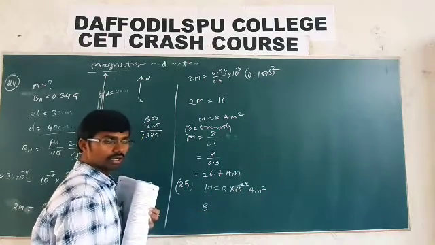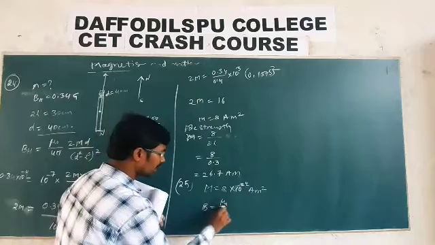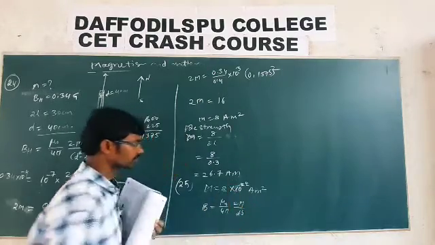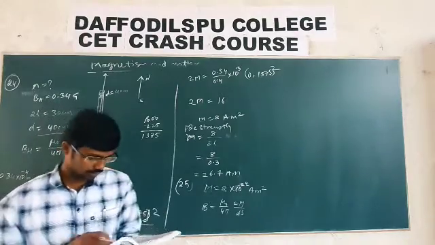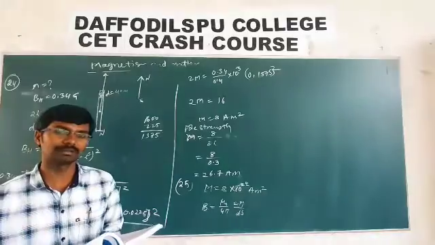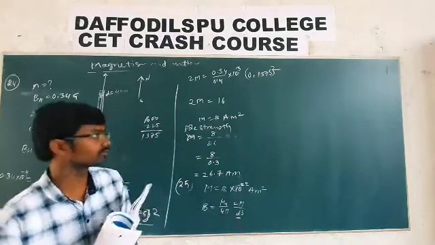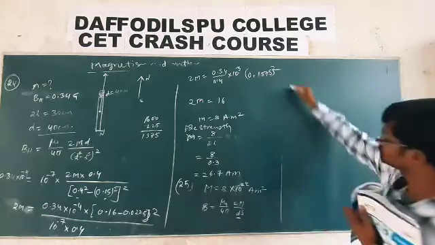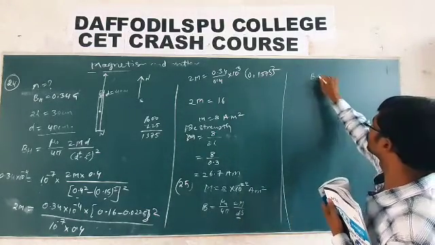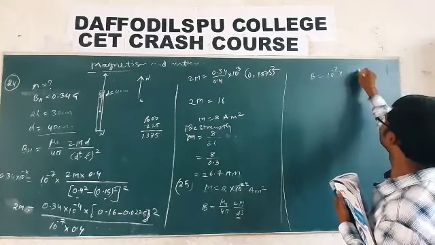29th one, same as that. When root 3 ampere current is passing through a tangent galvanometer, we get a deflection of 30 degrees. What is the deflection theta 2 when 3 ampere current flows? Again, I2 by I1 is equal to tan theta 2 by tan theta 1.